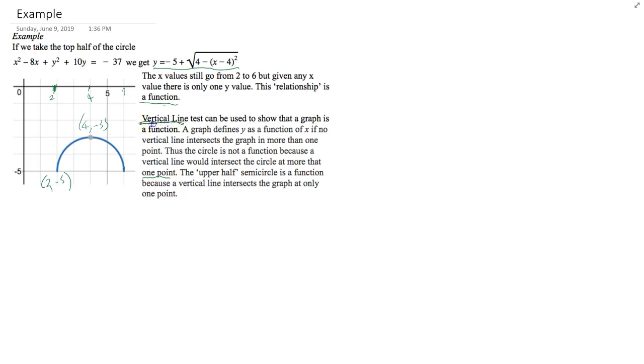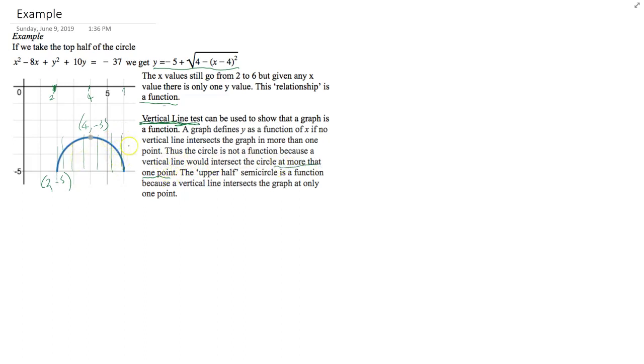There's a test called the vertical line test, which we use to show that a graph is a function. If we move a vertical line, starting from the left and continuing to the right, and that vertical line intersects the graph at only one point, then it is a function.